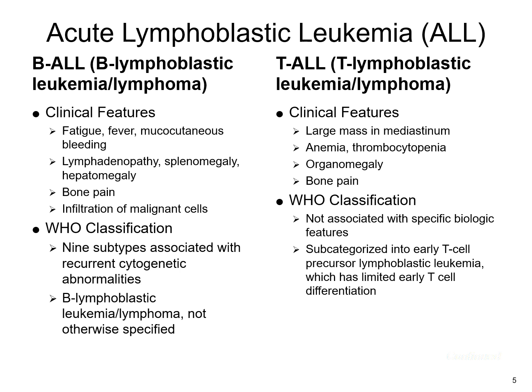But as far as the presentation for the B cell lineage, your clinical features are going to be fatigue due to anemia, fever, because there's neutropenia and infections that can take place. And you can also have the mucocutaneous bleeding, and this is going to be due to thrombocytopenia. You can also have the lymphatic system affected to cause some enlargement there, as well as enlargement within the spleen and the liver.